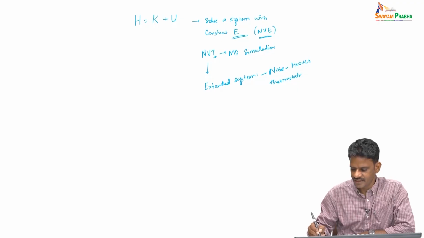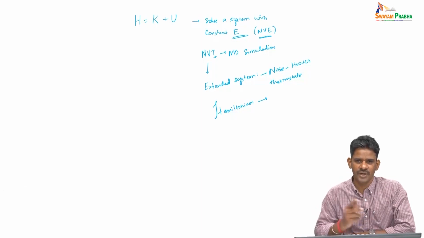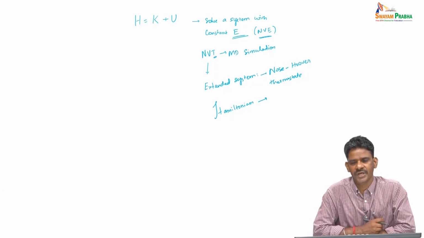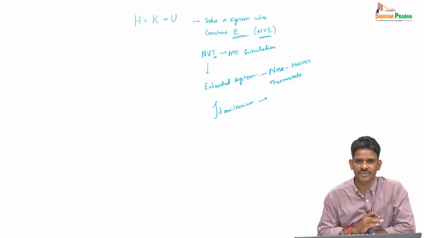The idea here is that you redefine the Hamiltonian in such a way that you have additional degrees of freedom to take care of the coupling between the system and surroundings, and you can control whether the coupling has to be weak or strong with certain user defined parameters. So all these discussions we followed for constant temperature simulations.